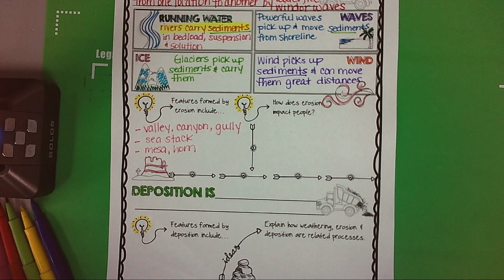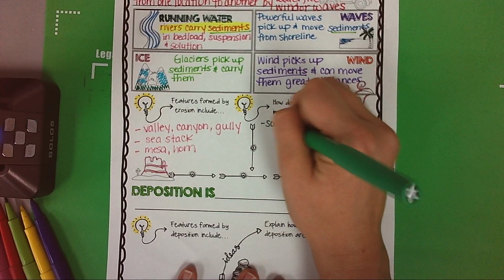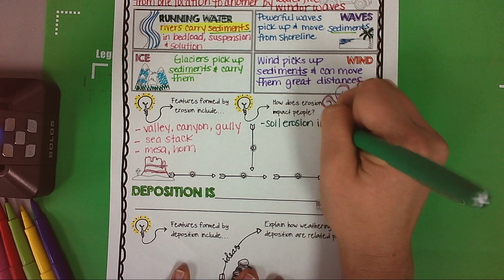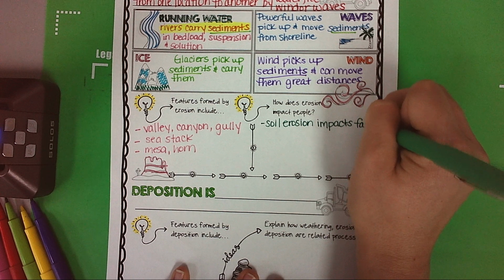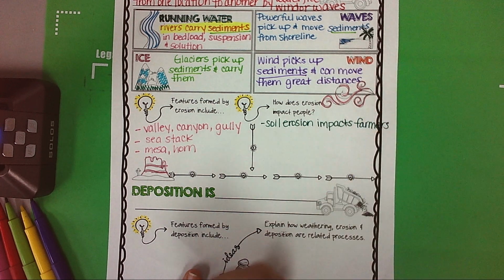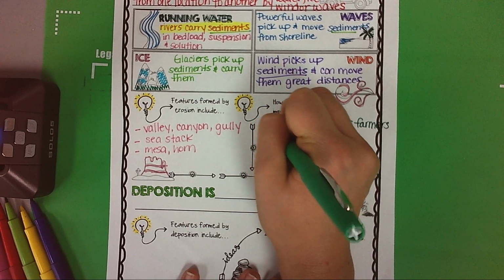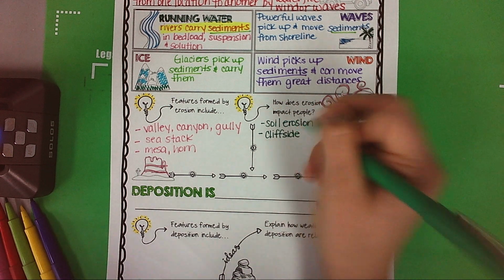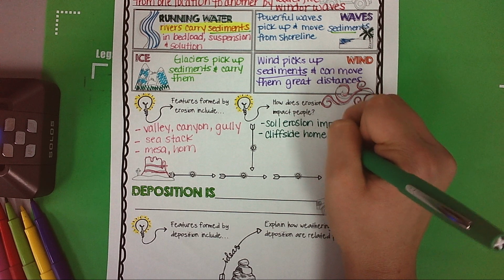So let's talk about something that's important. How does this actually affect people? Okay, so soil erosion impacts farmers. So cliffside homes, so people who live by the bay, if that cliff were to move and erode away, their home can be ruined.